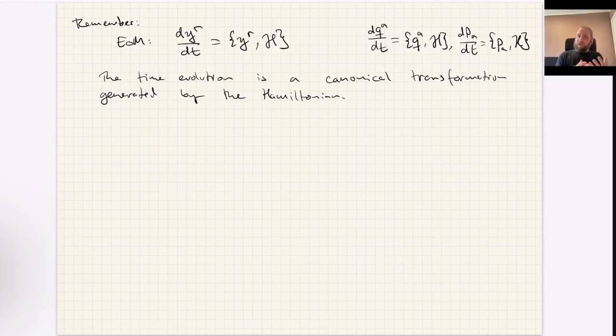But if I have any function f now, I can look not only at how the coordinates change with the parameter under a flow.